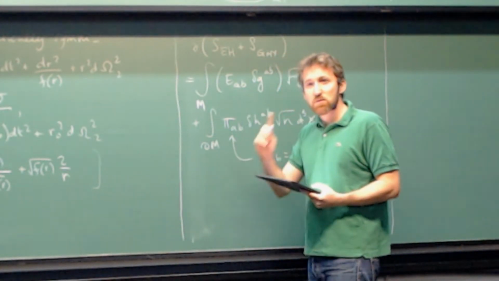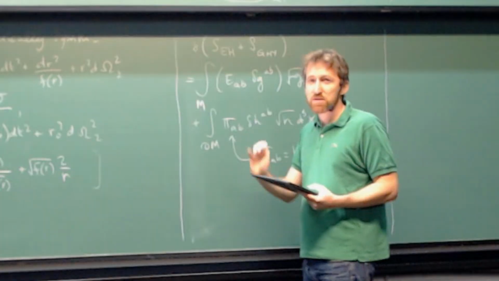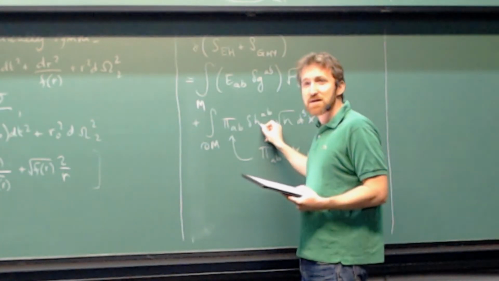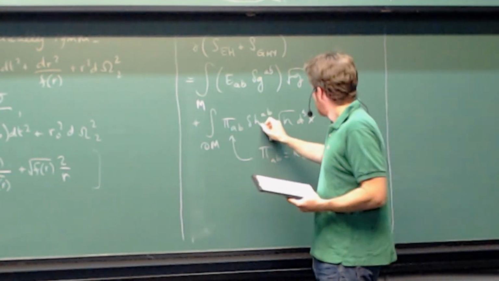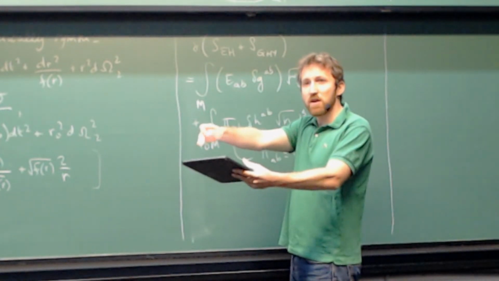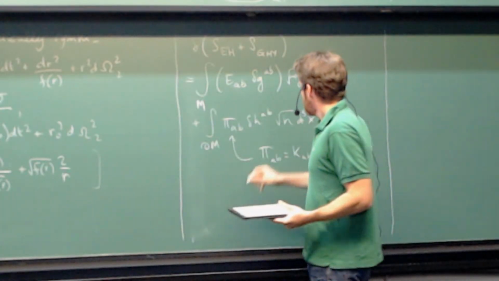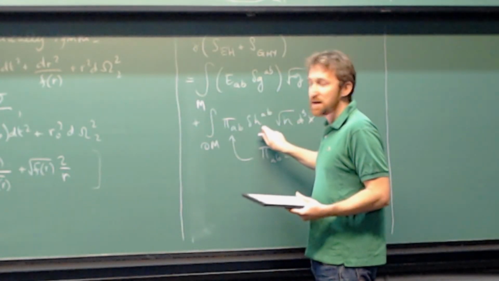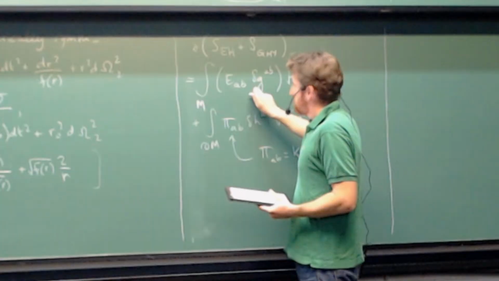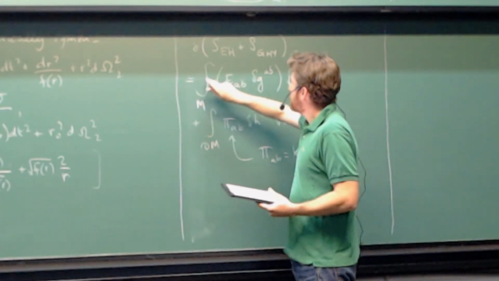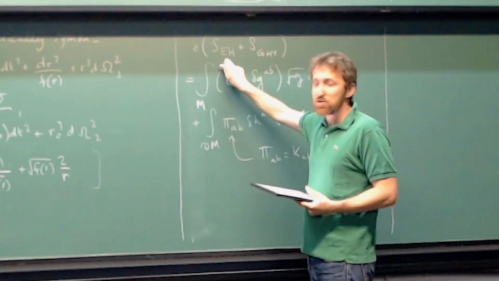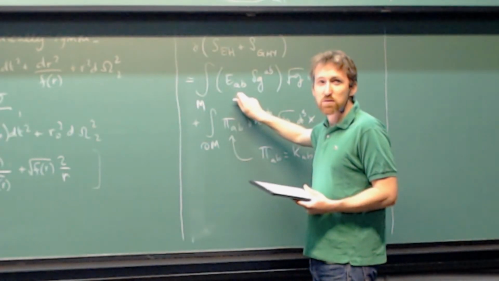Now I can set one special boundary condition, which is that I fix the induced metric on the boundary. So now I have a Dirichlet problem where I'm fixing the boundary condition just by fixing the induced metric. And then if I fix delta h, then the variational problem is well defined, in the sense that corresponding to a variation of the action, I only have to solve the equations of motion.